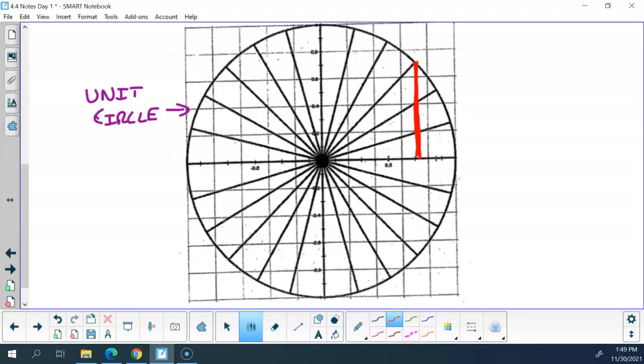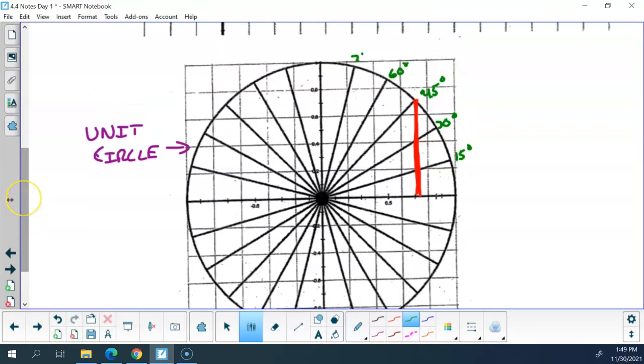Now, these angles on this unit circle are in 15-degree increments.